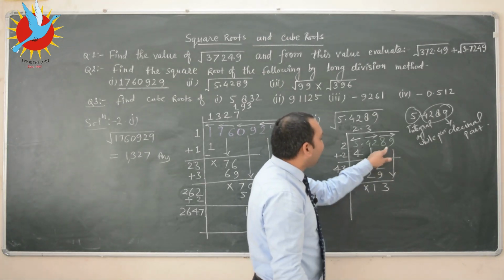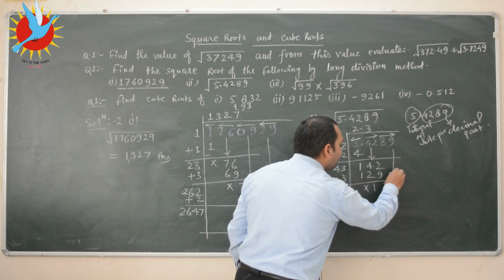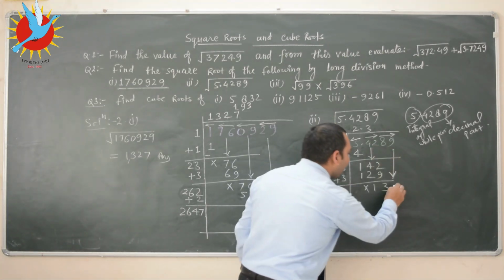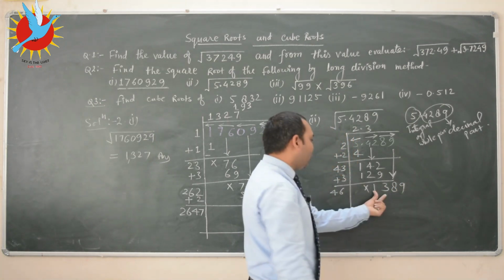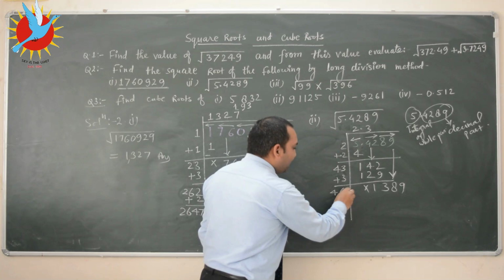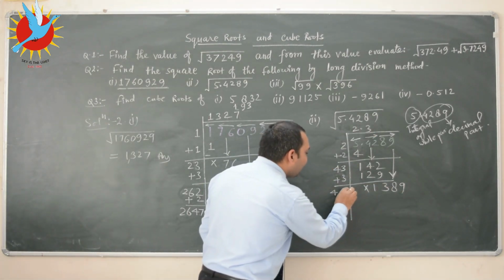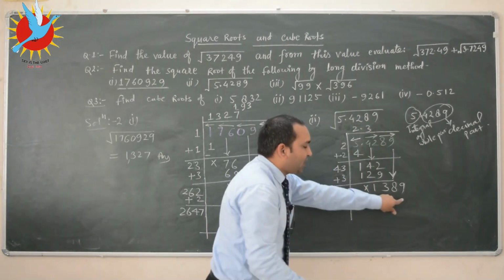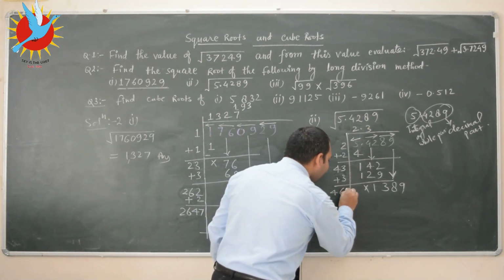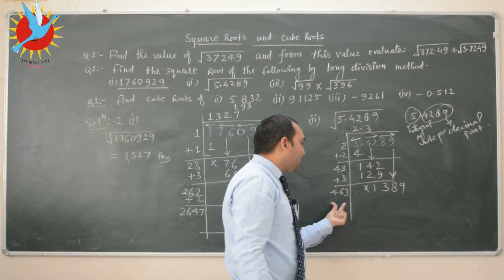In division we bring down one number, but in the long division method to find the square root we bring down a pair of numbers, that is 89. So 1389. Here either we write 3, then 3 3s are 9, or we write 7, then 7 7s are 49, and the one's place will be 9. So we write 3, because 403 3s are near about 1200.